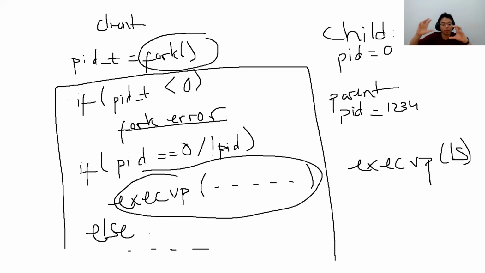Because execvp destroys the entire old code base and puts the new server.cpp in. That's why you should only do it in the child. In this case, if pid equals 0, then you execvp. Else, you continue with whatever code is already written for you at the bottom. Okay. Does that make sense?